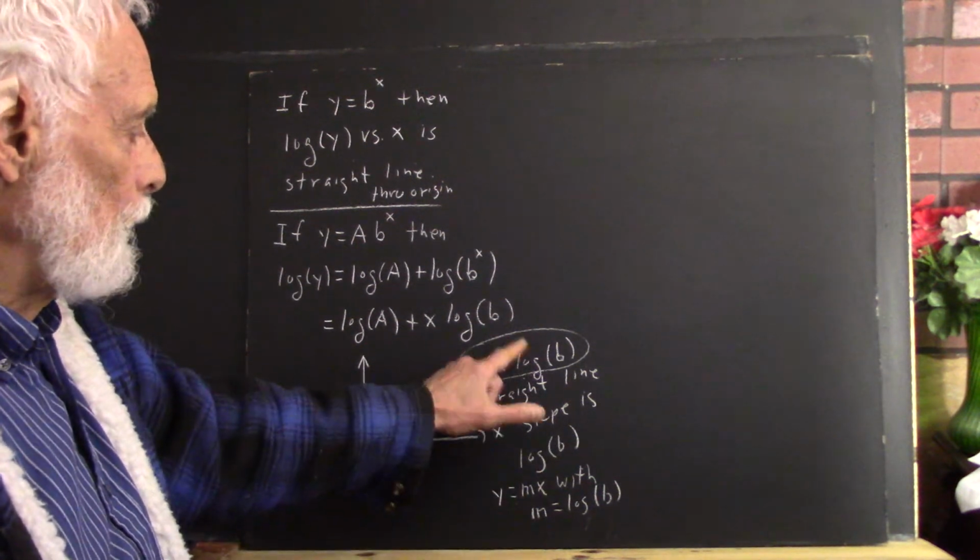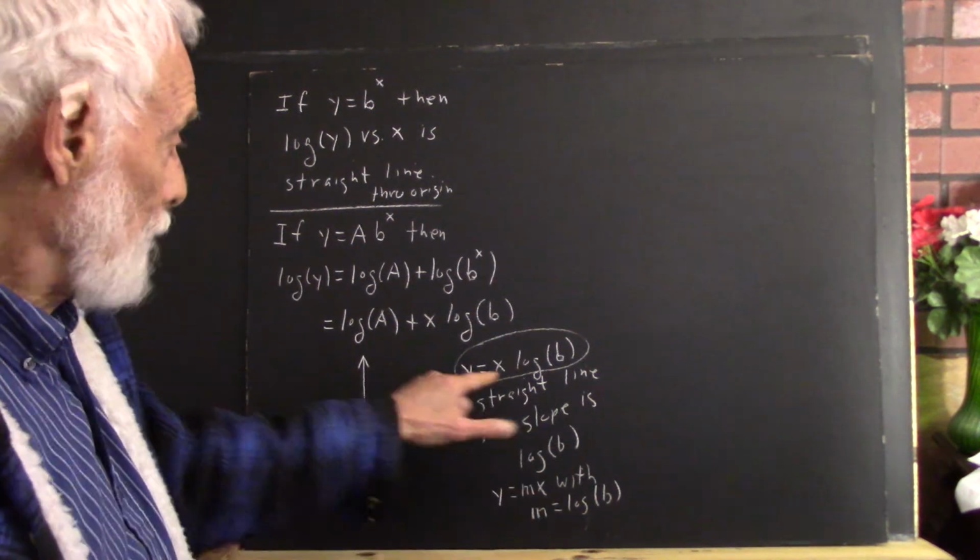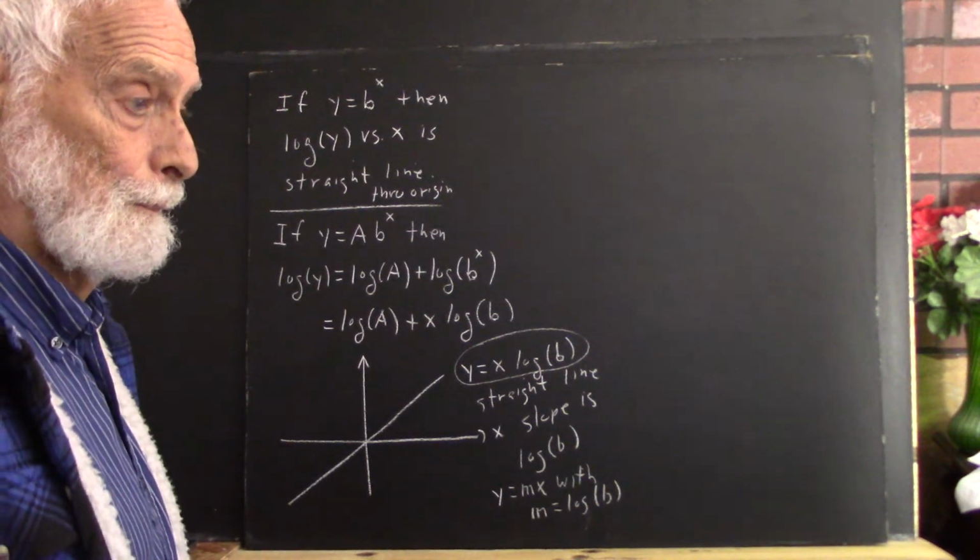If we replace m by log of b, that's got to be the slope of this line. Okay?